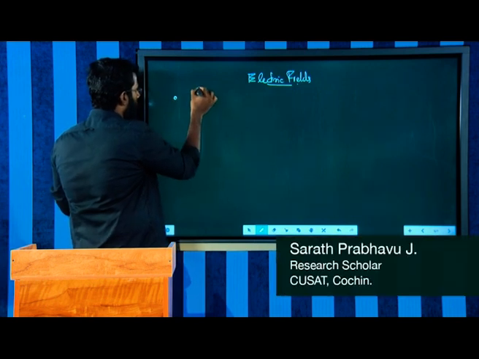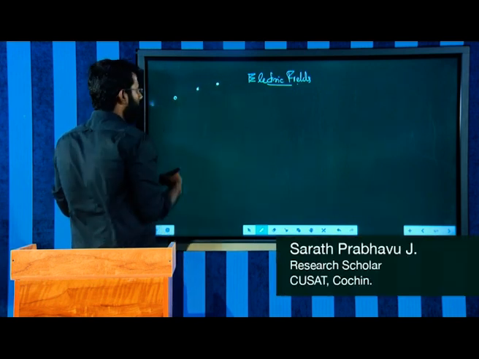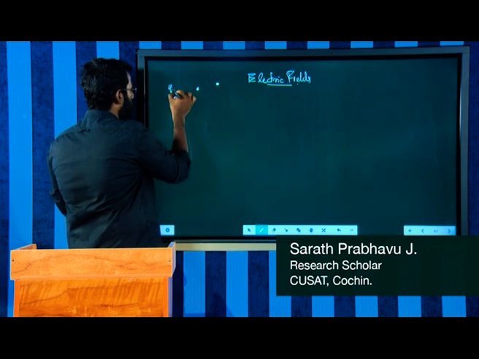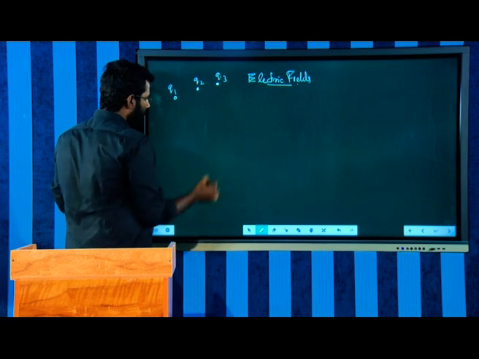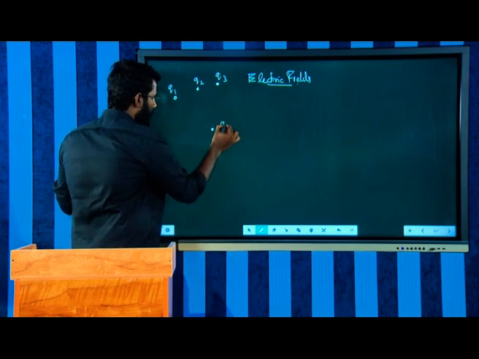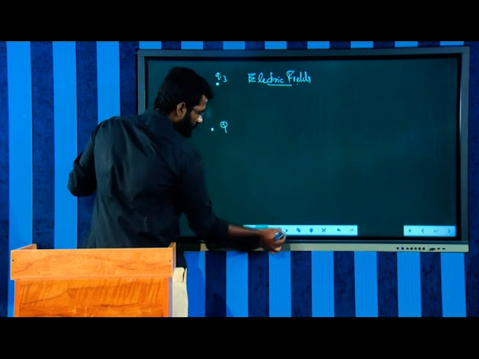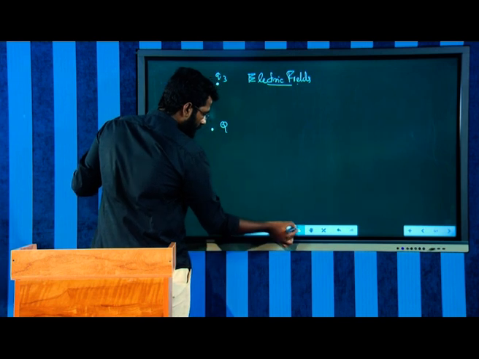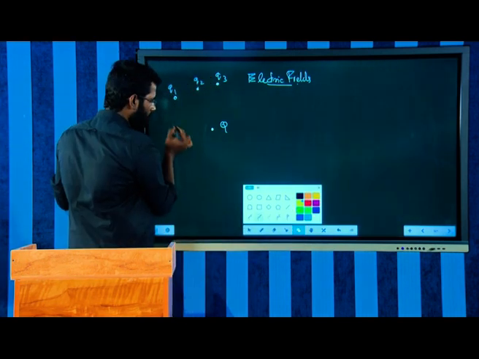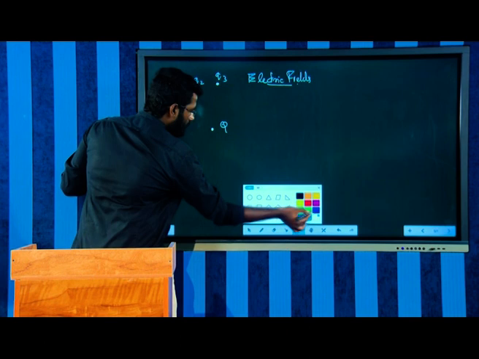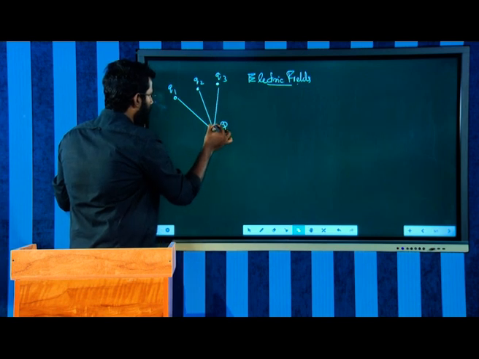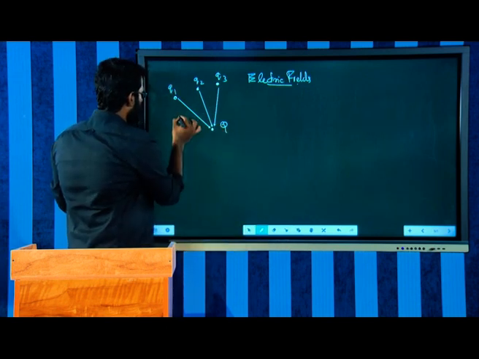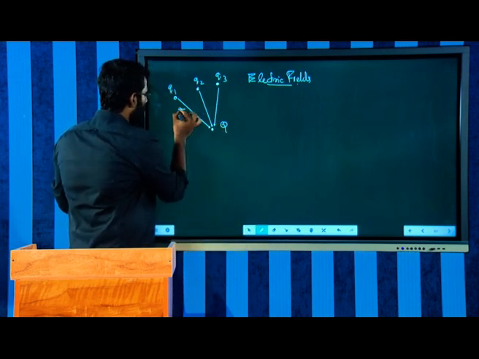We have three charges, Q1, Q2, Q3, and we have a test charge capital Q here, and we have the separation vectors R1, R2 and R3.